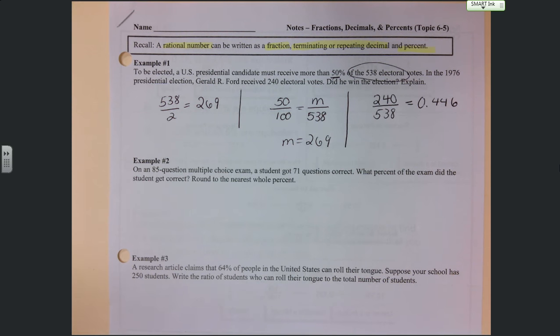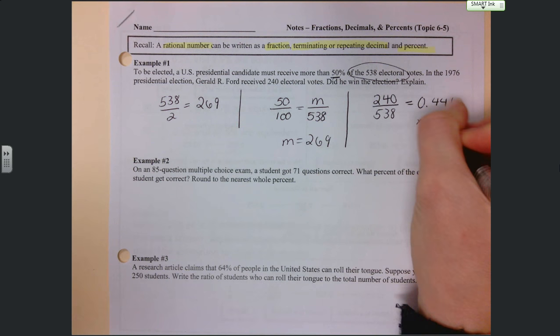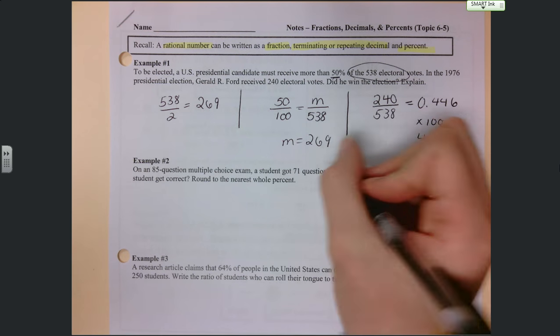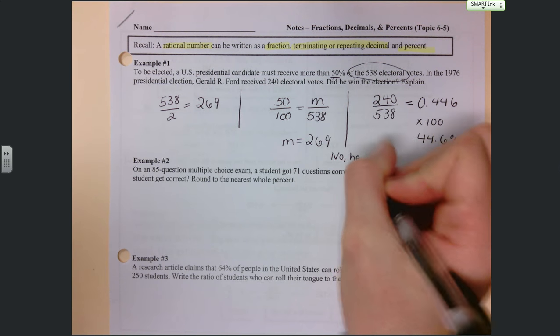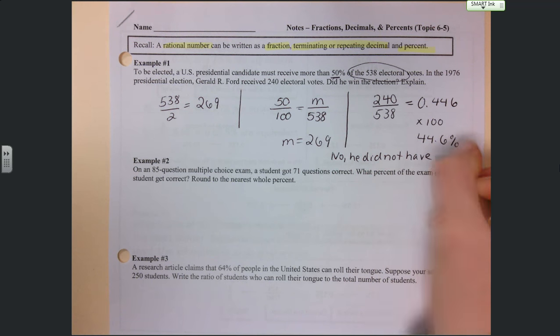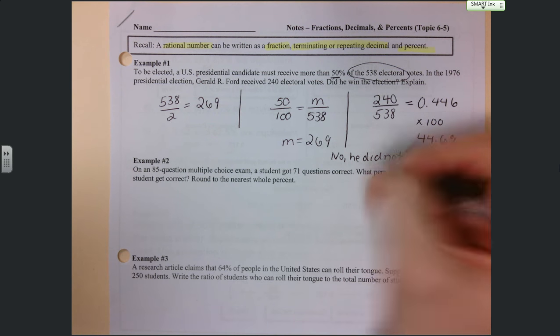Multiply by 100, which will give me 44.6%, which means no, he did not have enough electoral college votes.